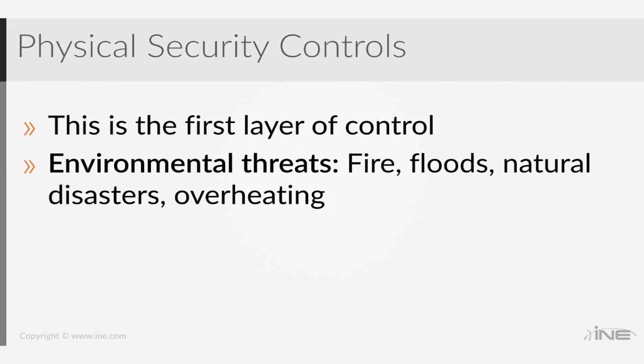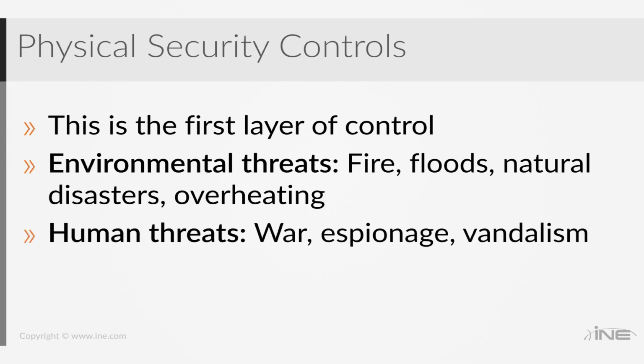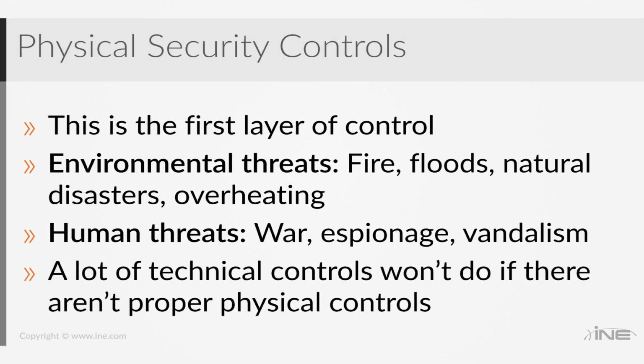It depends on the type of attack. And then there are the human threats, right? Like war, like espionage, corporate espionage as well, right? Vandalism, all of those are threats to physical security. And as I'm saying, a lot of technical control will not be worth it if you have no proper physical controls.